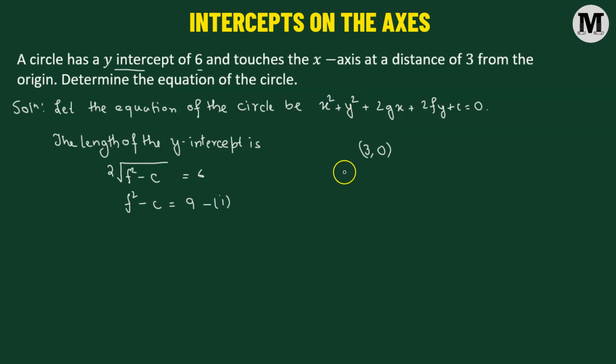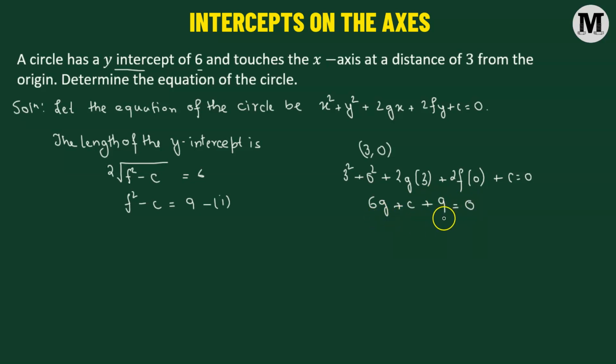So we get 3 squared plus 0 squared plus 2 times g times 3, plus 2 times f times 0, plus c equals 0. So we get 6g plus c plus 9 equals 0.